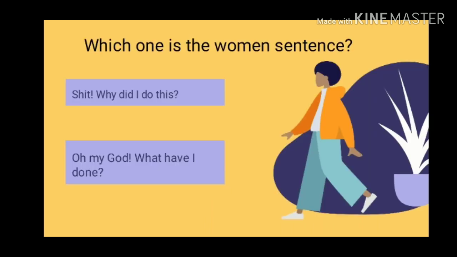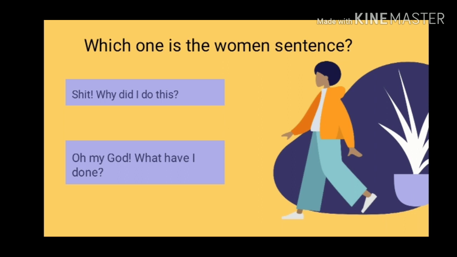Now, can you guess which one is women sentence? The first one or the second one? I guess you choose the second one, right? Oh my god, what have I done? Why didn't you choose the first one? Yeah, because the first one usually spoken by men.